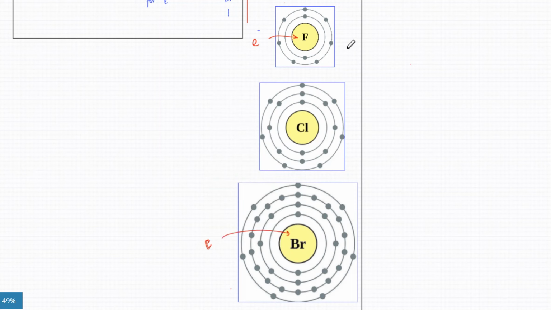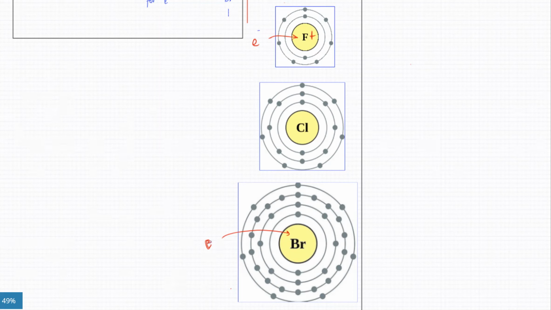So why does fluorine attract the electron more strongly? Because the nucleus of fluorine is a lot more exposed. It's got fewer shells, so it can see the positive nucleus. Remember, the nucleus is positively charged, so let's put a plus sign over there. It will be attracting the electron very strongly because there's not a lot of things coming in the way.